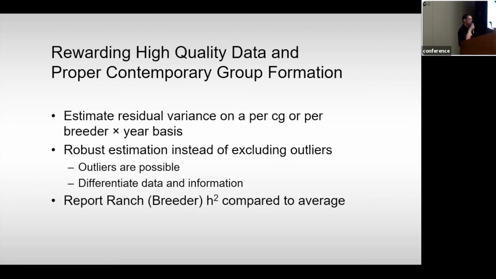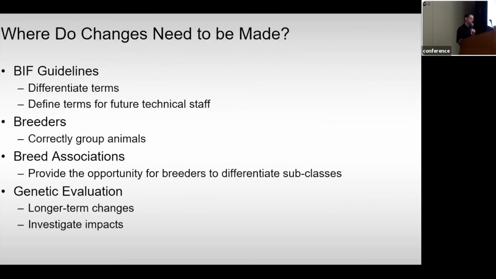And it leads to more robust estimation instead of a rules-based approach to removing outliers, because it's not keen at all on setting up these ad hoc rules or removing data based on something that's 4 or 5 standard deviations, because those data are possible, maybe not likely, but they're possible. And so, of course, I have the last note here about a metric to report back to breeders to get a sense of what their data quality is.